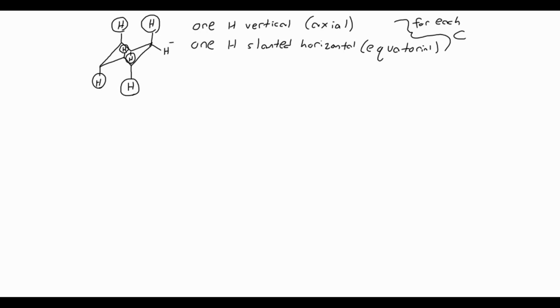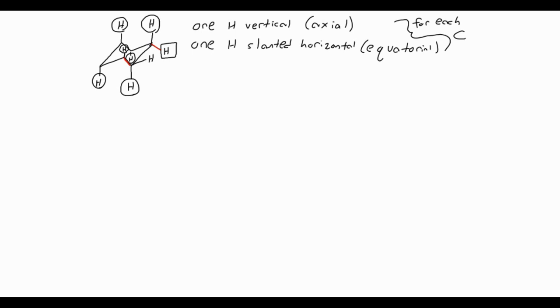And same thing happens for equatorial. So we have an equatorial hydrogen here, and that's going to be slightly down and to the right. We can imagine that each of these carbons is adopting sort of a tetrahedral geometry. And this bond should be roughly parallel with this one. And then we'll have another hydrogen going up here.